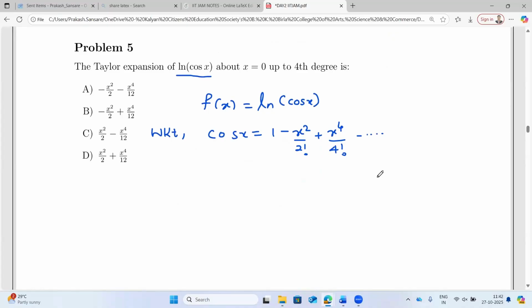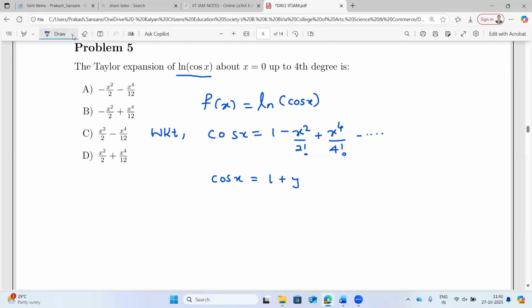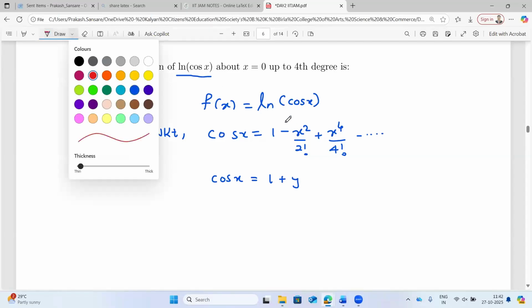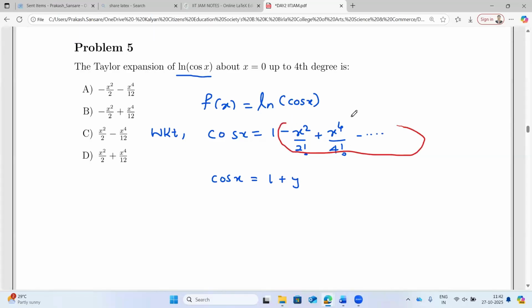Right. So what I'll do, this cos x can be written as 1 plus y. I'll consider this term as y, where y is equal to minus x square by 2 factorial plus x raised to 4 upon 4 factorial minus, and so on.